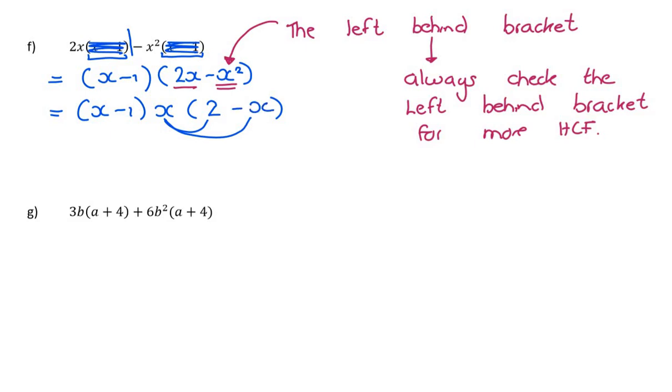Minus x. So first thing we do is we take out our highest common bracket, and then we check, does the left behind bracket still have its own highest common factors? Now, there's nothing wrong with the way that's written. We do generally like to put the single factors that aren't in a bracket at the front, but multiplication is commutative, which means it doesn't matter the order you write it.